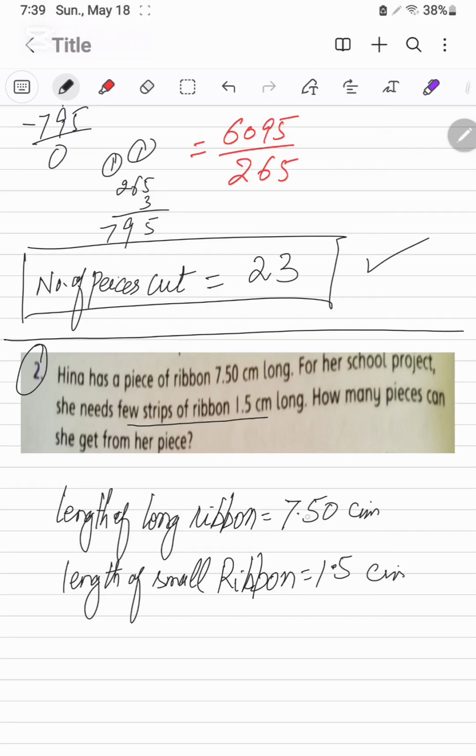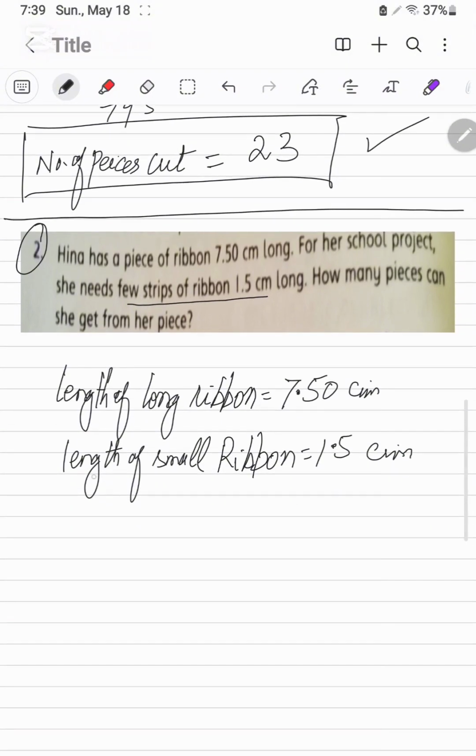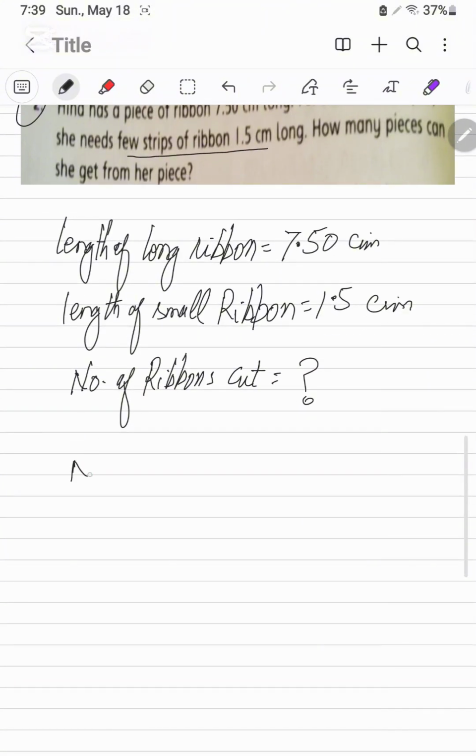The small ribbons we have to cut from it, that is the 1.5 centimeters. Number of ribbons cut, it will be 7.50 divided by 1.50.